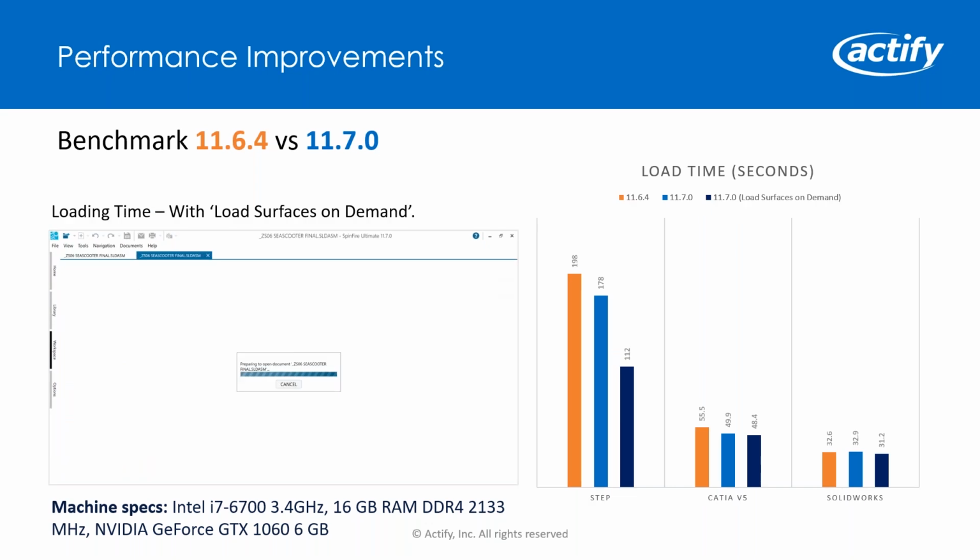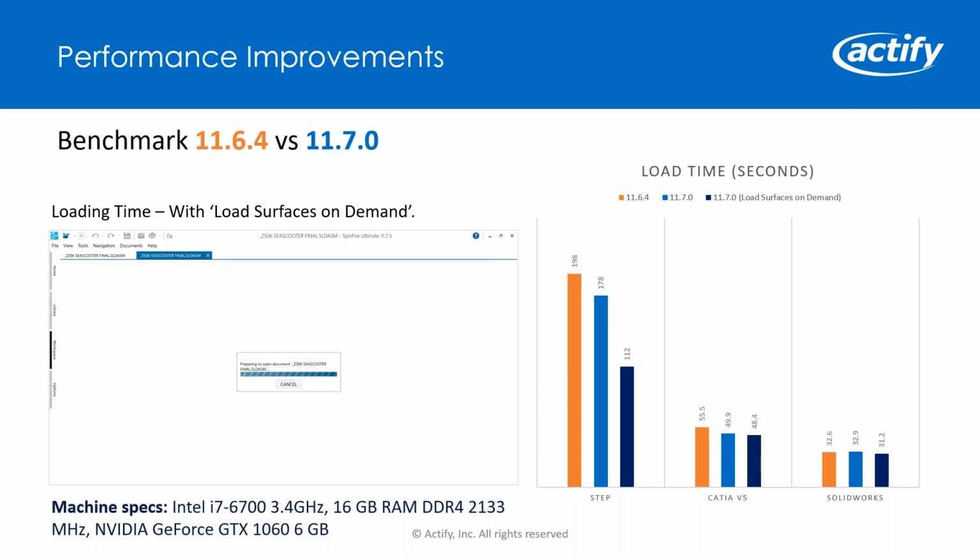Another example is the time it takes for loading a file. So consistently, again, the same STEP, CATIA v5 and SolidWorks file, we're seeing that even with 11.4 to 11.7, there is improvement in the loading time. What you'll notice is the addition of a third column here, which is load surfaces on demand.